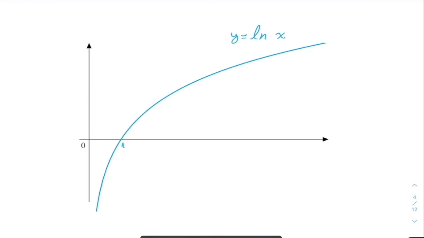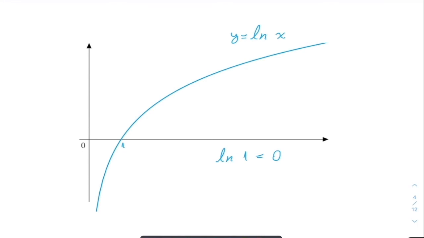The function at 1 is equal to 0. So we say that the natural logarithm of 1 is equal to 0. That corresponds to this point here. Before 1, the function is negative, and after 1, the function is positive.